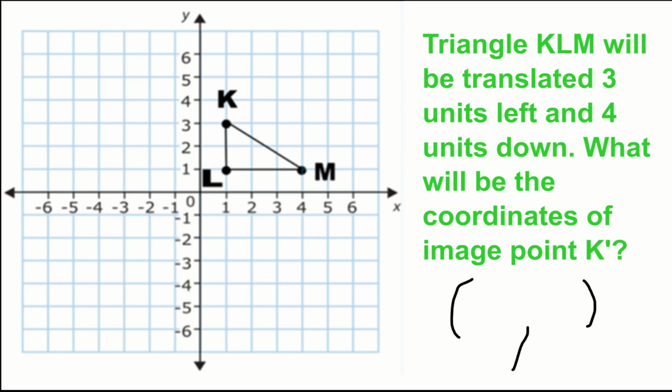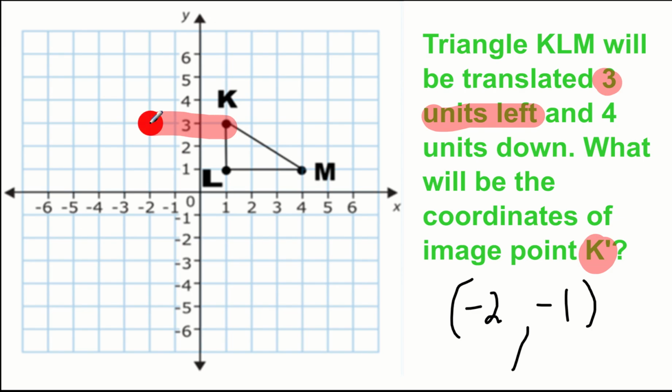Negative 1's correct. So look, 3 units to the left. We're looking for K prime, so we're going to take K and move 3 left. If I move 3 left, I go 1, 2, 3.